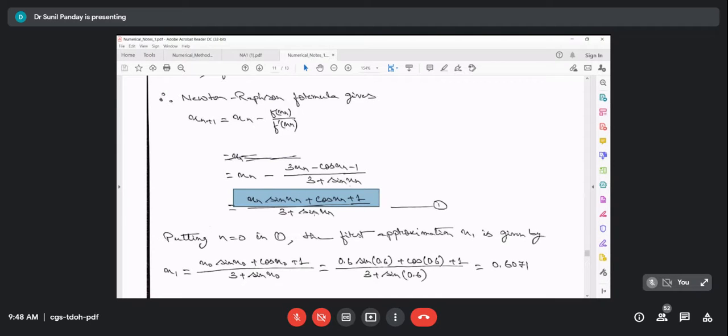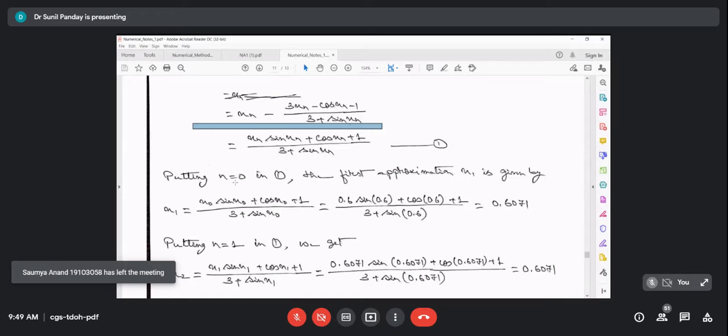So now they have found one formula for the Newton-Raphson method. There is no need to write this again and again because they have converted it into this formula. Now they just substitute x naught here and get x1, and whatever x1 comes, they substitute x1 in place of xn, and then you will get x2. Similarly, if you substitute n equals 0, x naught, sine of x naught plus cos of x naught plus 1, you are getting x1.